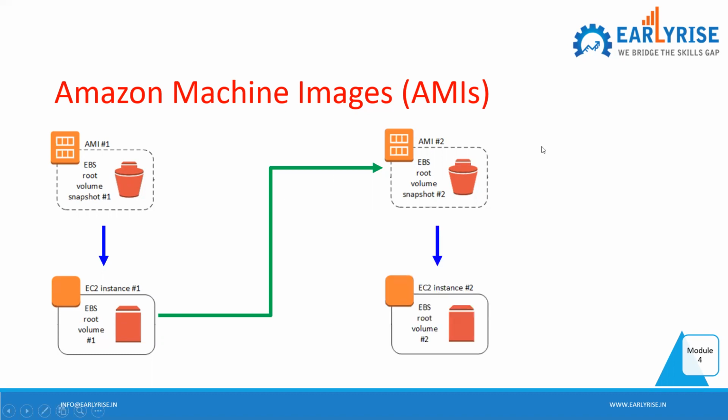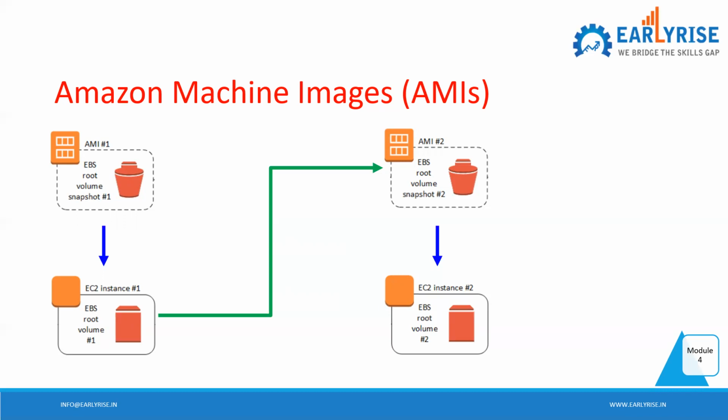From that AMI you can launch additional instances. That instance will contain a separate root volume. So each instance in AWS EC2 will have its own separate EBS volume, correct? One EBS volume at a time can be attached to one EC2 instance.